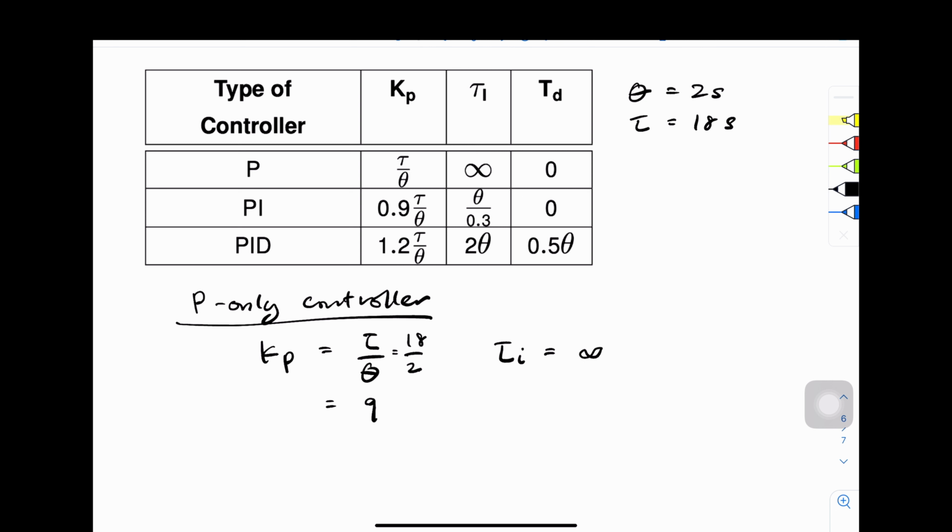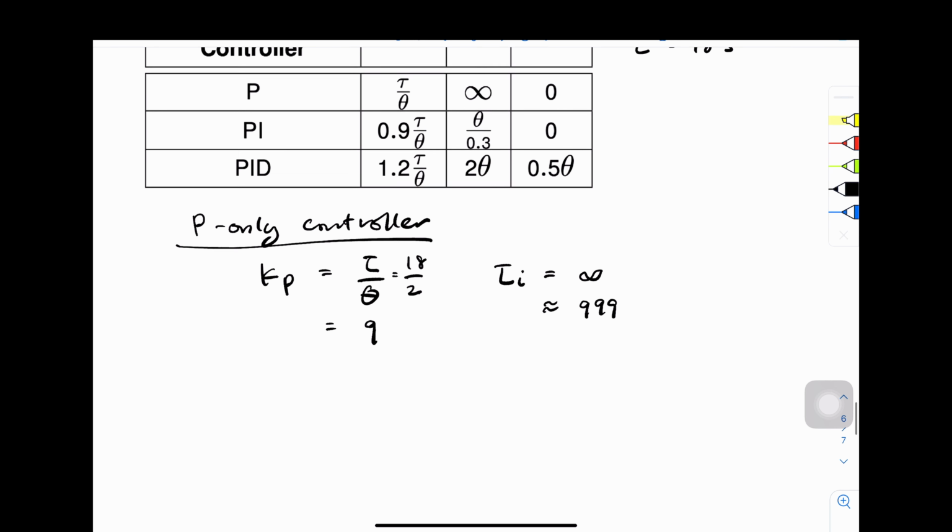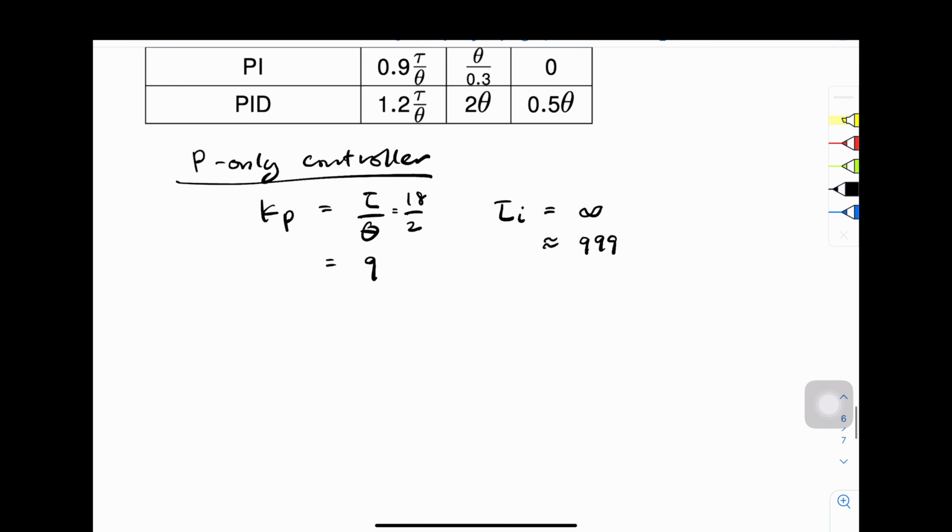So we can set it to 999, which is a large number. Okay, and then for proportional plus integral, we have to look at this row.